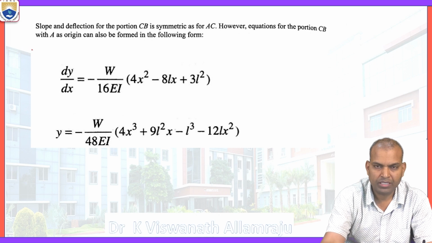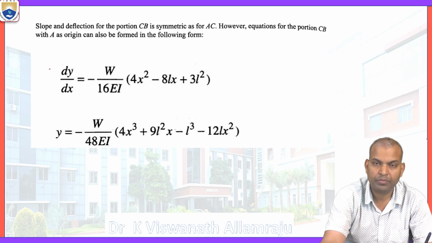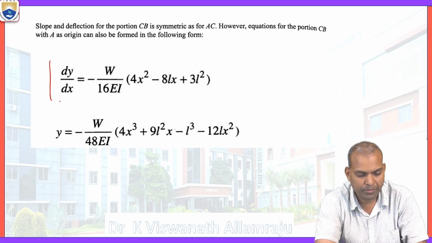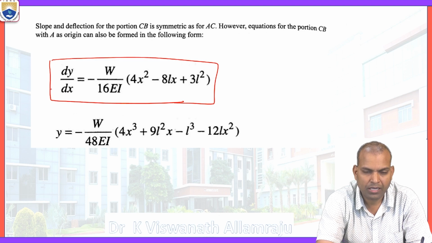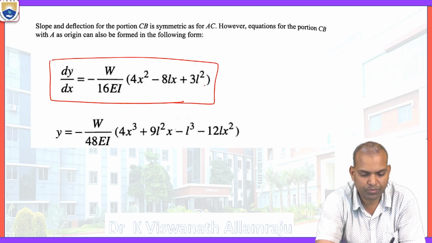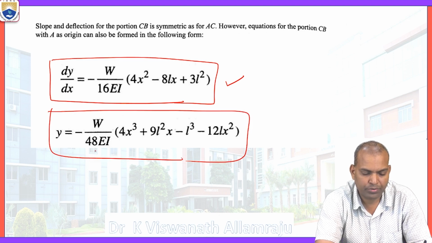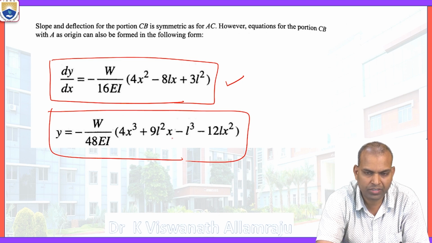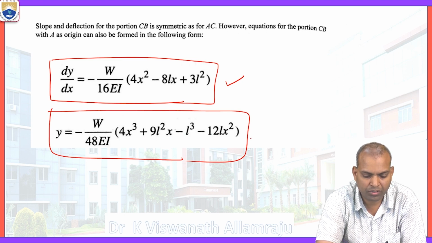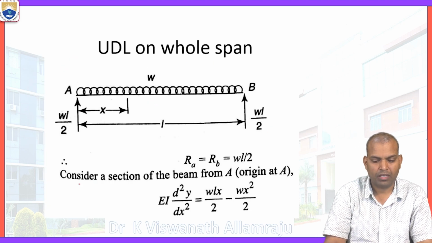But CB with A as origin can also be written in the following form: dy/dx equals negative W by 16 EI times 4x squared minus 8Lx plus 3L squared. And the deflection equals minus W by 48 EI times 4x cubed plus 9L squared x minus L cubed minus 12Lx squared. These are the slope and deflections.